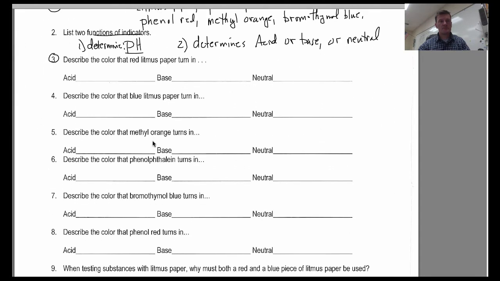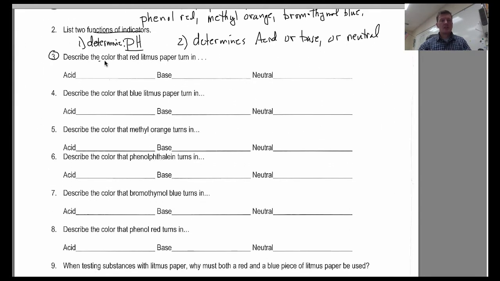The color that red litmus paper turned when you put it in an acid, it just stayed red. But for a base, it turned the red litmus paper blue. So red litmus paper, if it turns blue, that's an indication you have a base.